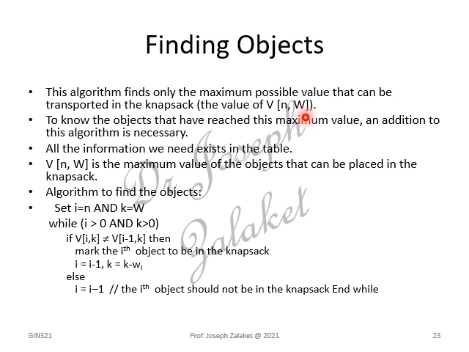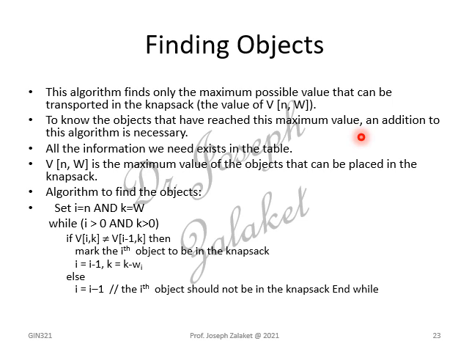But now how to find the objects that will lead to this maximum benefit in order to put them inside the knapsack? To know the objects that have reached this maximum value, an addition to this algorithm is necessary. But all the information that we need is existing inside our matrix.